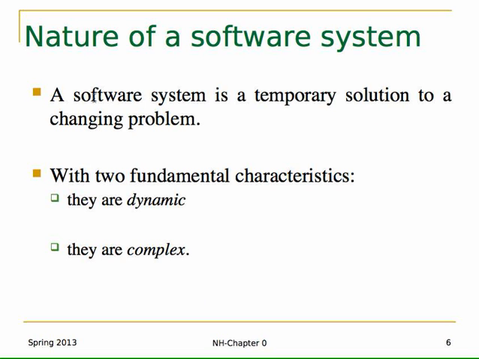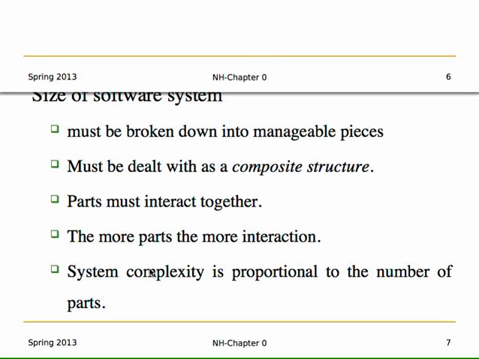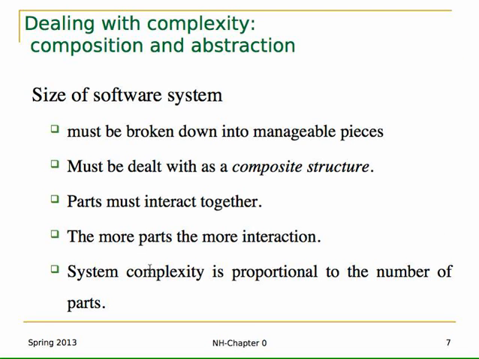Typically, you will have a software system that works for a while, and then you might find that your needs are changing, and you might need a different system. Even when you have a software system in place, often they will change. So they are dynamic and they are complex. Software systems, if they were simple, I guess there wouldn't be so much demand for computer scientists in general. Okay, so dealing with complexity.